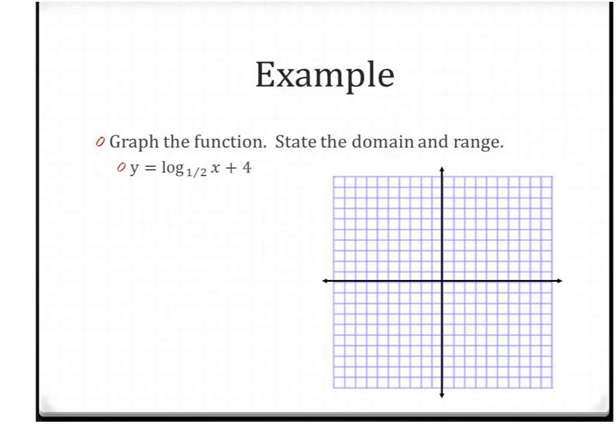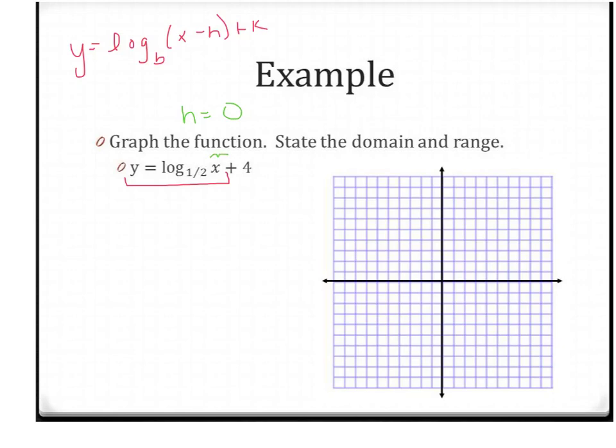Alright, so let's graph y equals log base one half of x, plus 4. And so just like before, if we look at our parent graph, this part right here is our parent graph, and then what we can do is shift all of them up 4. And looking at the form you just wrote down, log base b of x minus h plus k, our h in this case is going to be 0 because the x is just by itself.